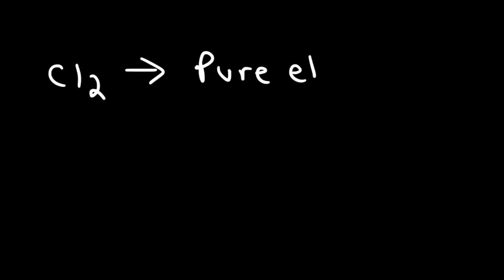Now, what about, let's say, Cl2? Now, this is composed of only one type of atom, so it's a pure element. Now, it consists of molecules, not just atoms, because we have multiple atoms. A molecule can be made up of one type of atom or different atoms.